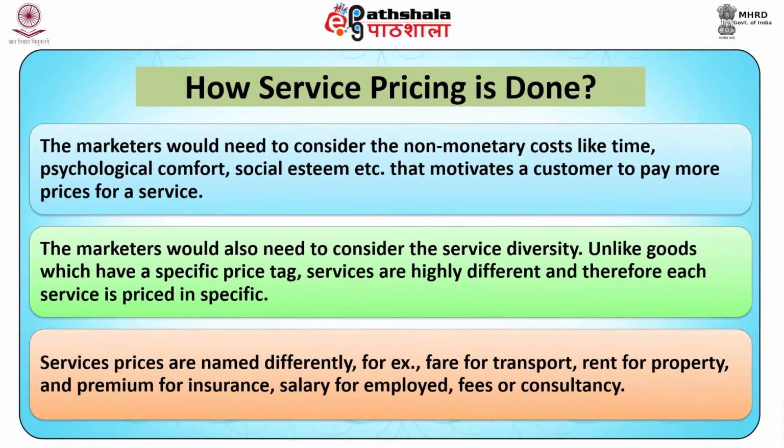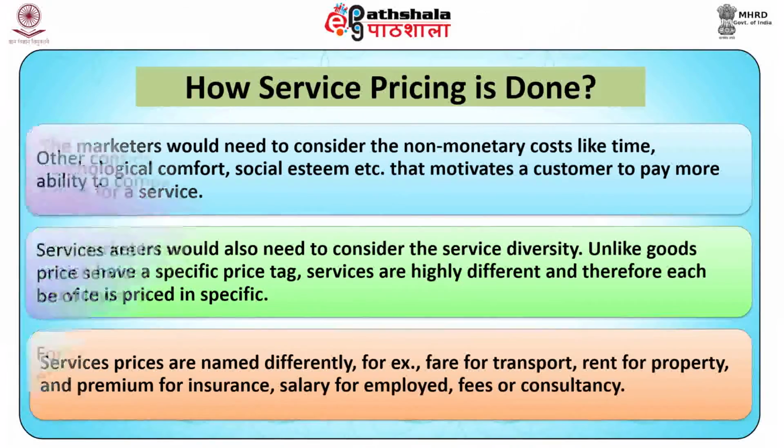Unlike goods which have a specific price tag, services are highly different and therefore each service is priced specifically. Service prices are named differently. For example, fare for transport, rent for property and premium for insurance, salary for employed and fees for consultancy.